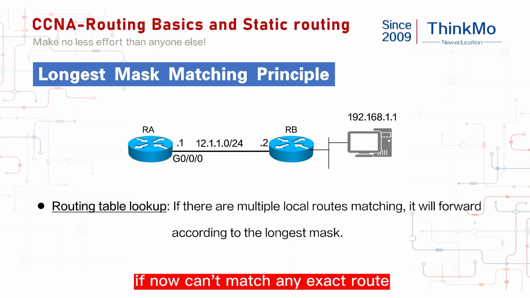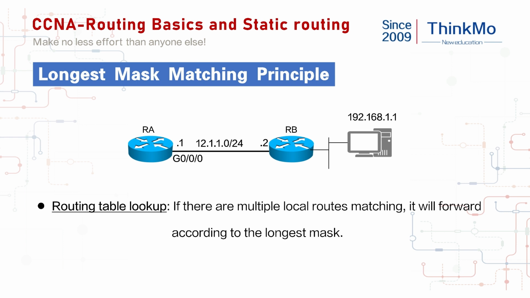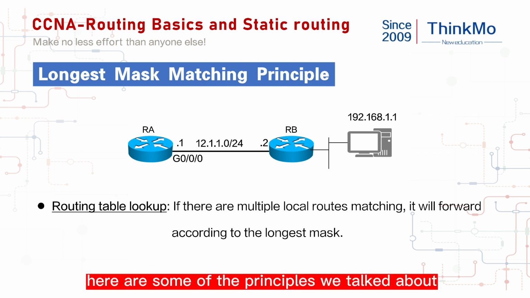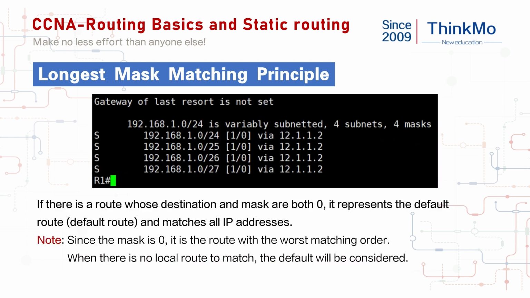If now can't match any exact route, then if there is a default route locally, just match the default route and send it out. For example, now there is a default next hop. Point to this device. Just give it the traffic. There is a route to 1.1.1.1. Put the traffic to the middle, instead of going down. Here are some of the principles we talked about.